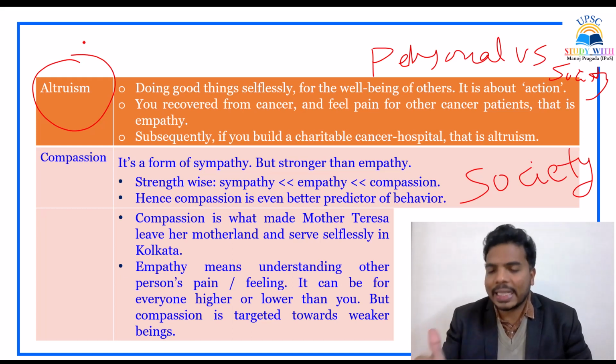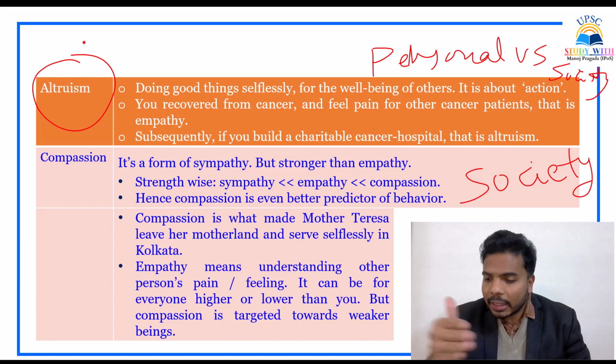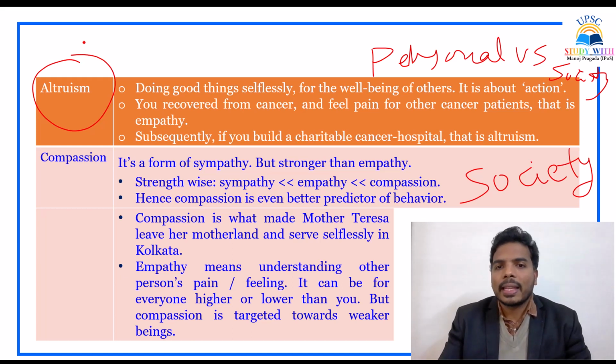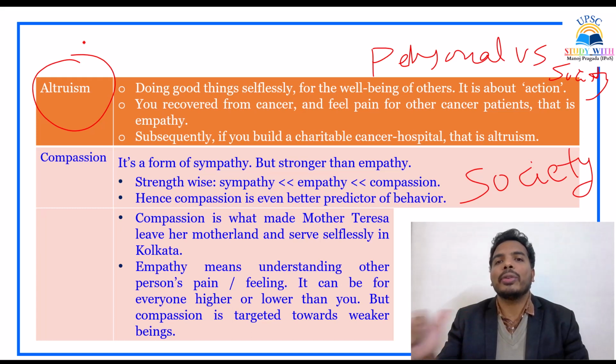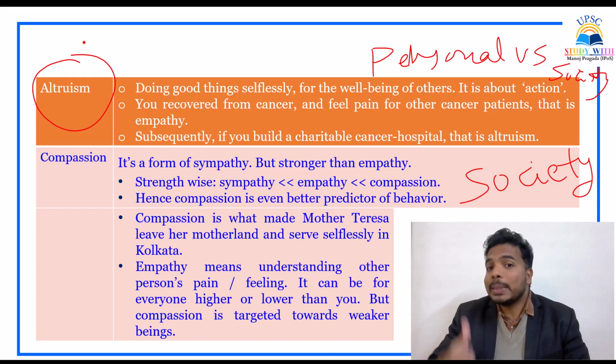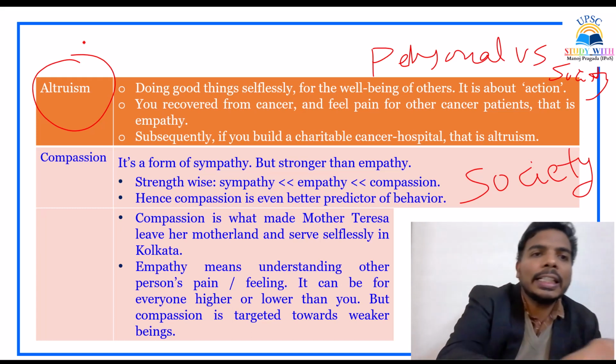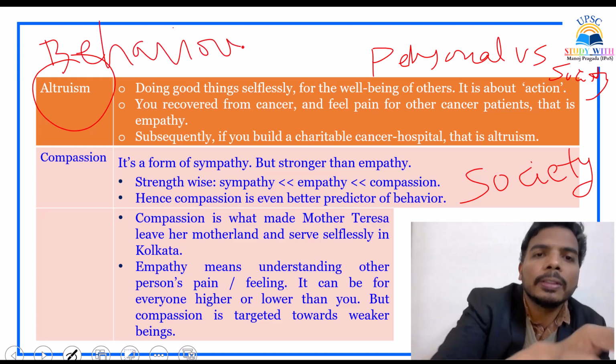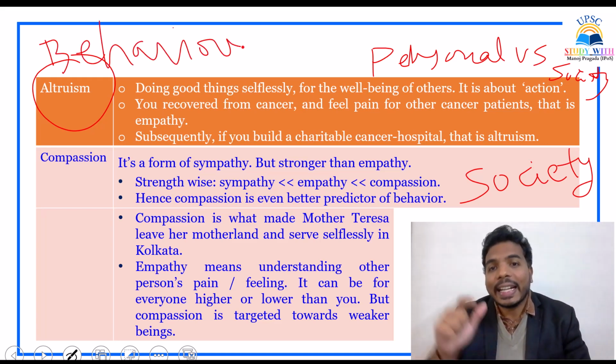Empathy means you are understanding others' emotions and feelings. Then the next step, what did he do? He went beyond that. He built a charitable cancer hospital also. You all must be aware of that. That is called altruism. So altruism is behavior, altruistic behavior and action.